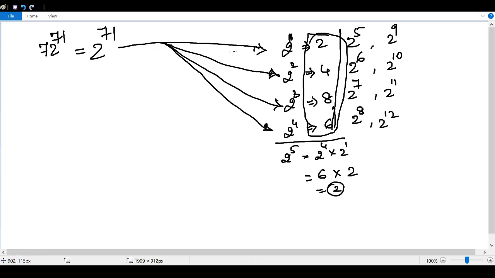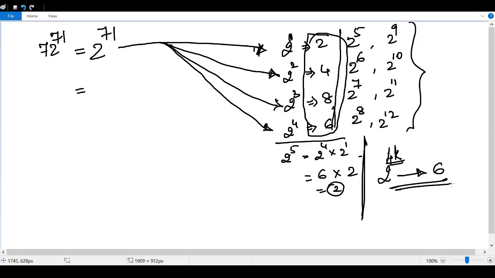So when I look at this entire cycle, the only statement I can make which is always going to be true is that 2 when raised to a power which is a multiple of 4 will always give me a unit digit of 6.